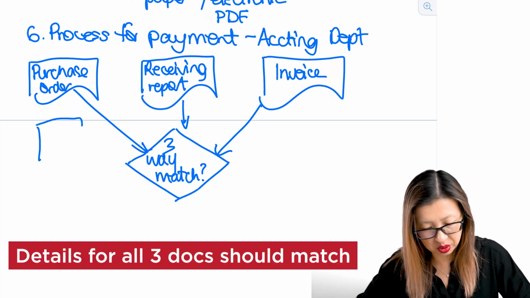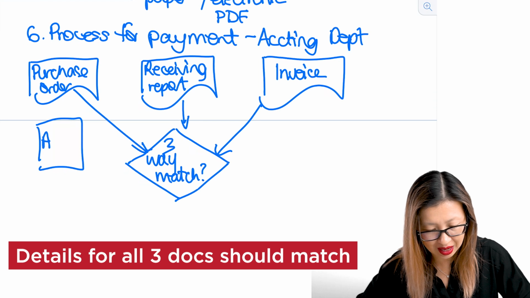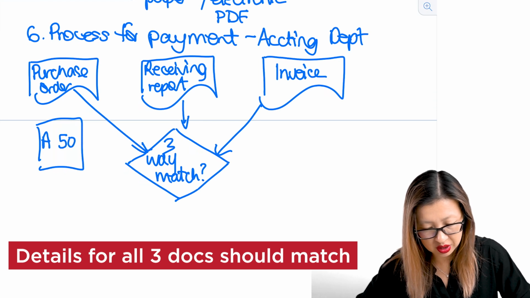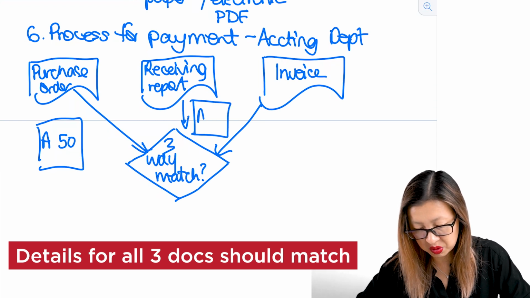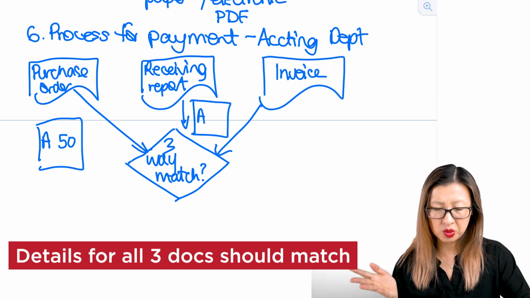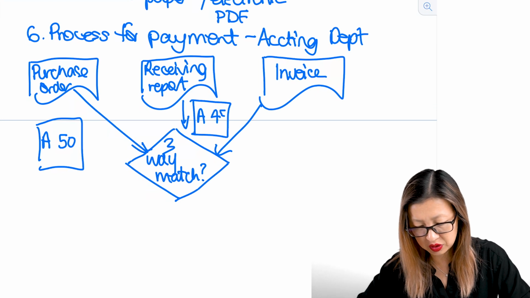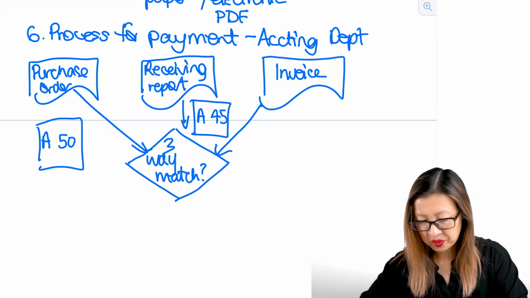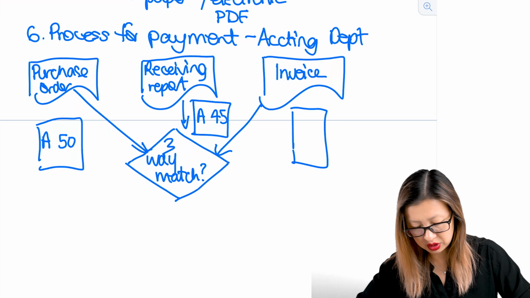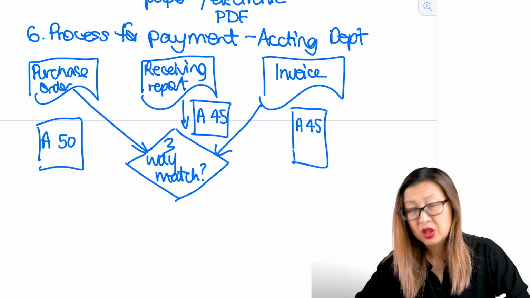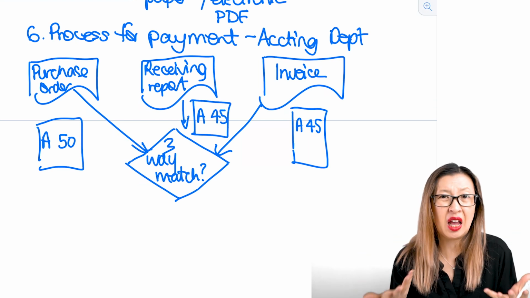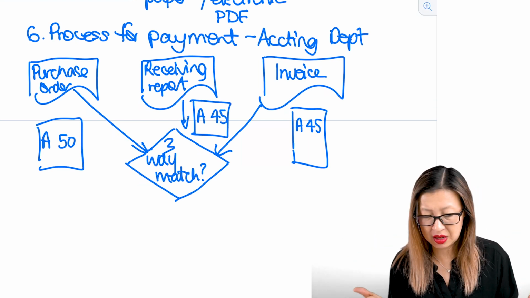So if on the purchase order, I ordered item A and I ordered a quantity of 50, in the receiving report, I should see we received item A. How many did we receive? Oh, we received 45. Well then in the invoice, I would be expected to be billed for only 45, right? I don't want to pay for 50 if I didn't receive that many.